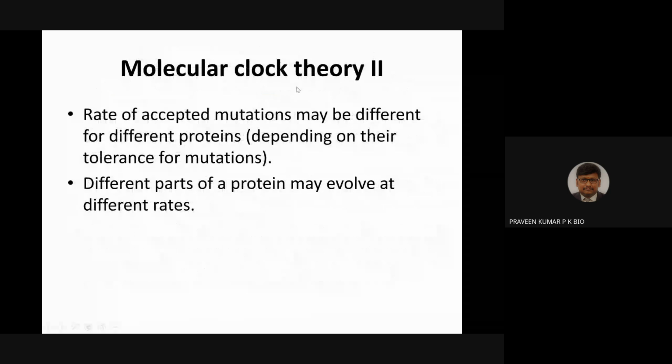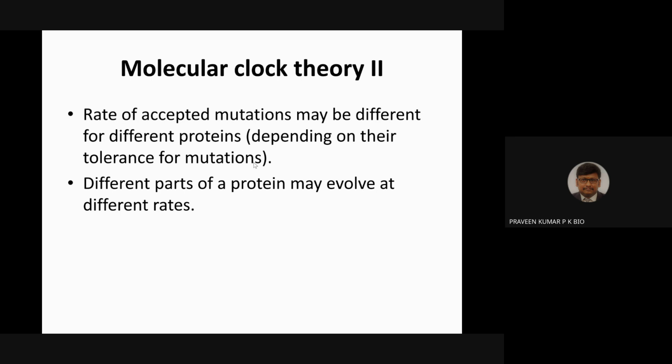The second hypothesis, according to molecular clock theory 2, is that the rate of accepted mutations may be different for different proteins, depending on the tolerance for mutations. So even in insulin, you can see that instead of chimpanzee, we got gorilla as the most closely resembling. And if you take a few proteins, like I told you, hemoglobin and myoglobin, we find human and chimpanzee share common amino acid characters in the protein sequence.